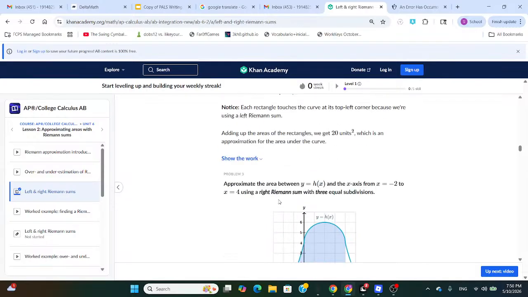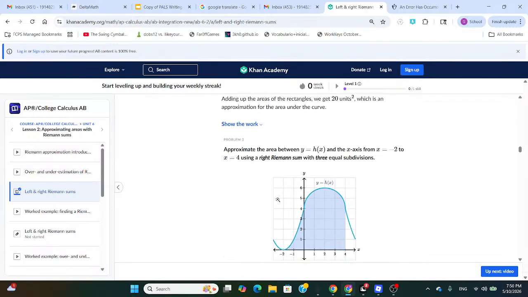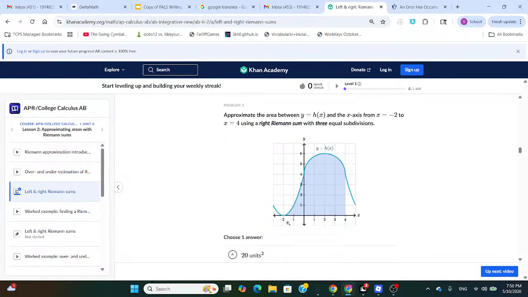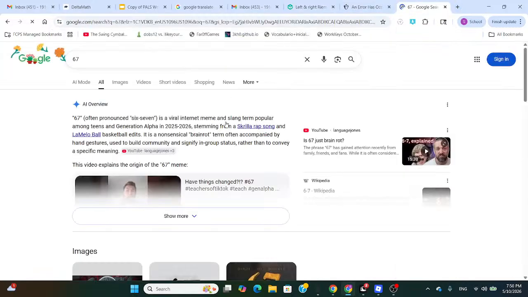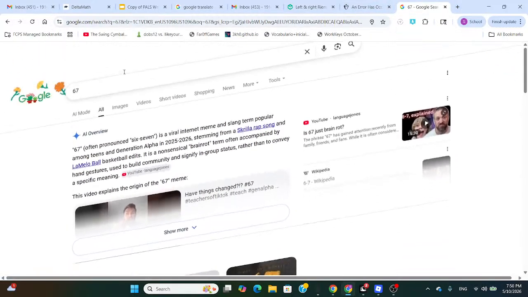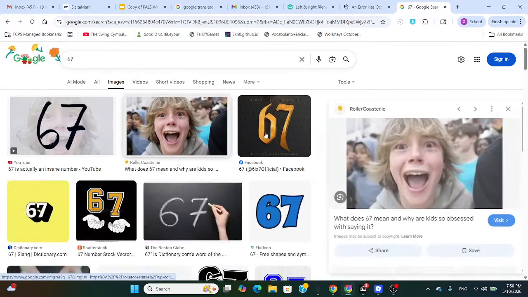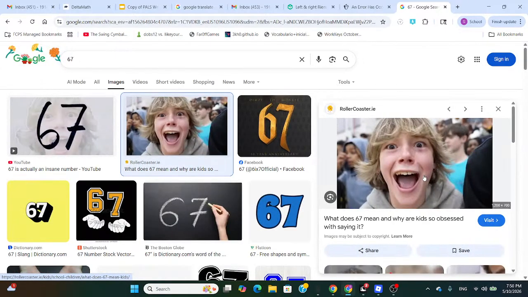Hold up. Using a right Riemann sum with 3 equal subdivisions. 1, 2, 3, 4, 5, 6, 7. Even Google shakes it for you, bro.